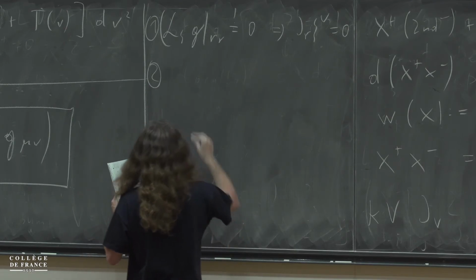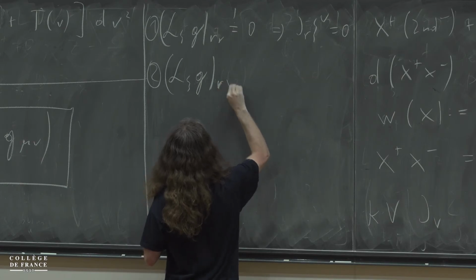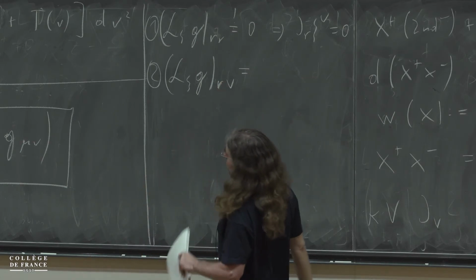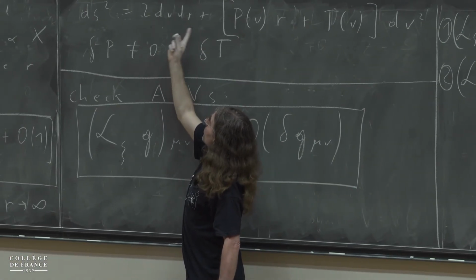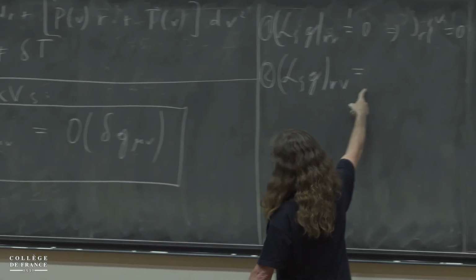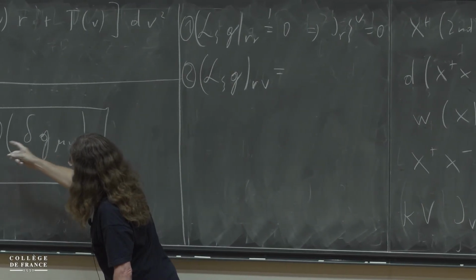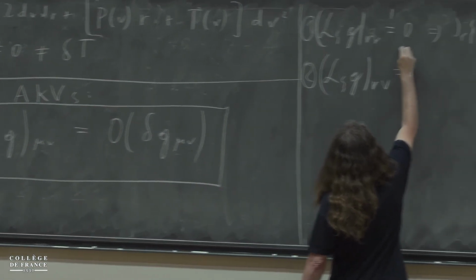The second equation is the mixed one, so L psi of g rv. Well, g rv is non-zero, but there are no fluctuations allowed here. This term always has to be the same, so the right-hand side must also be 0, because this is of the order of the allowed fluctuations and there are no metric fluctuations allowed here. So this also must be 0.